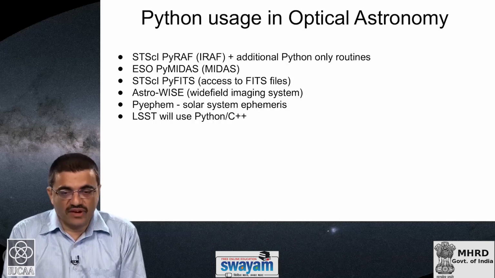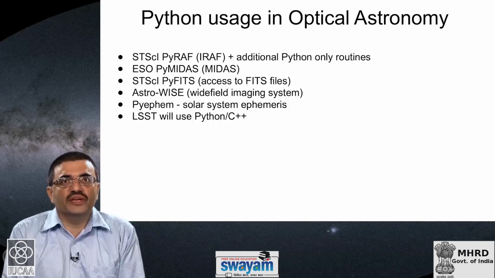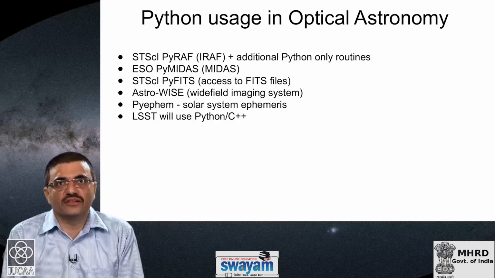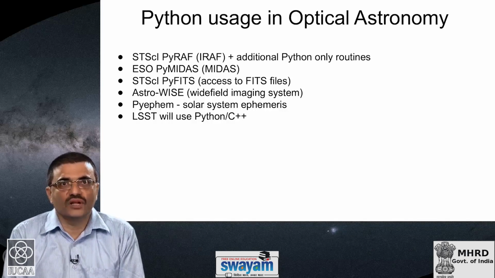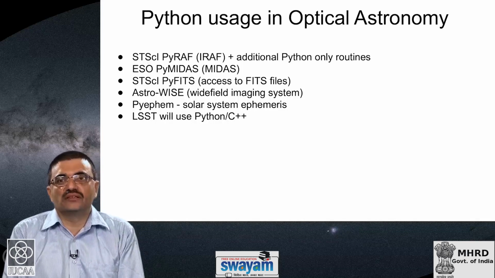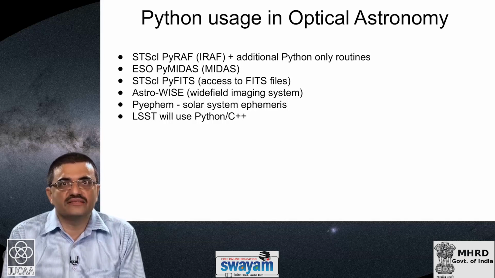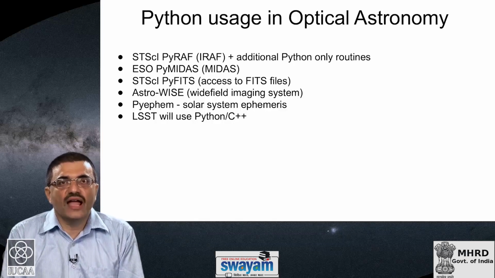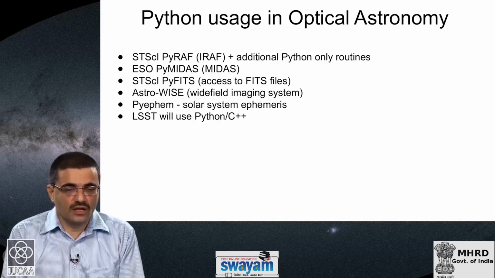Python is very widely used in all of astronomy. Here I give some examples of the usage of Python in optical astronomy. One of the most widely used packages for optical data analysis is a package called IRAF, Image Reduction and Analysis Facility, which was developed several decades ago and is still in use.